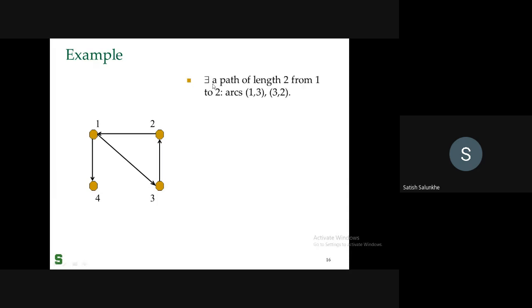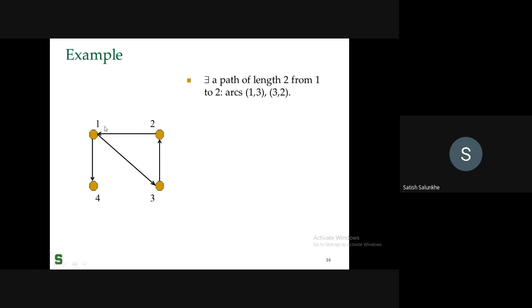Now, there exists a path of length 2 from 1 to 2. If I want to move from 1 to 2, you can go from 1 to 3, which is length 1, and then from 3 to 2, which is another length 1. Add them, so there are two edges and you reach node 2 from node 1.